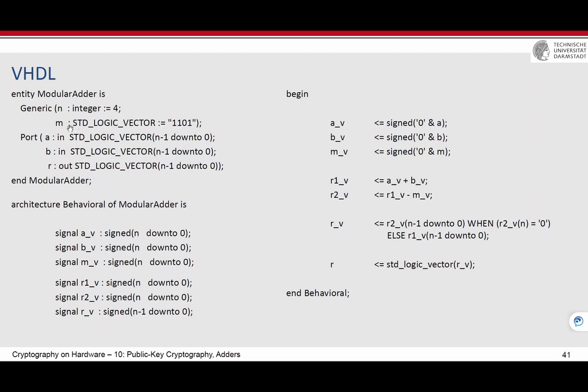Here you define also the modulo and the number of bits. AV and BV are just concatenated with 0, and MV is M, the modulo, the generic. And then R1 is just A and B added together, and then R2 is the result of this minus the modulo, a subtraction.